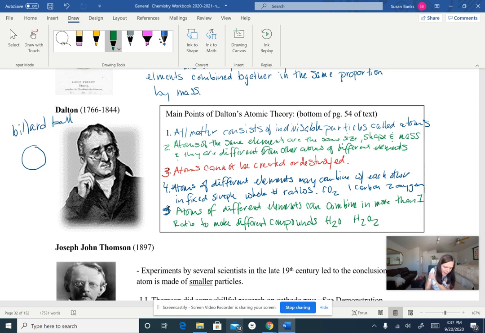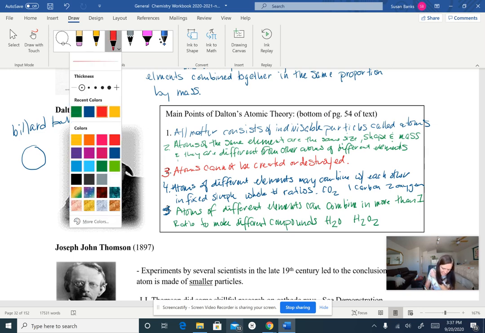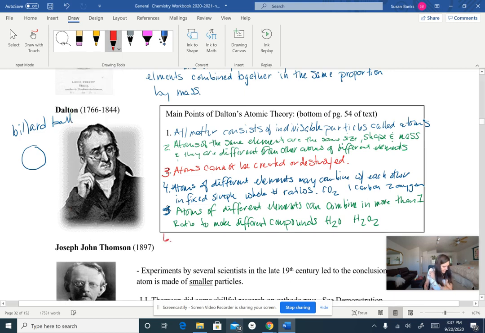Okay? And the last of Dalton's ideas, idea number 6. Atoms are the smallest unit of matter that can take part in a chemical reaction.